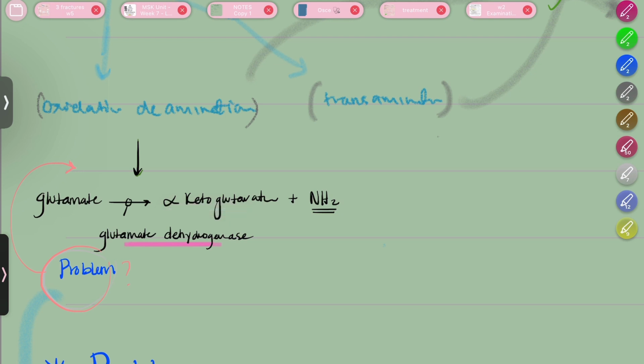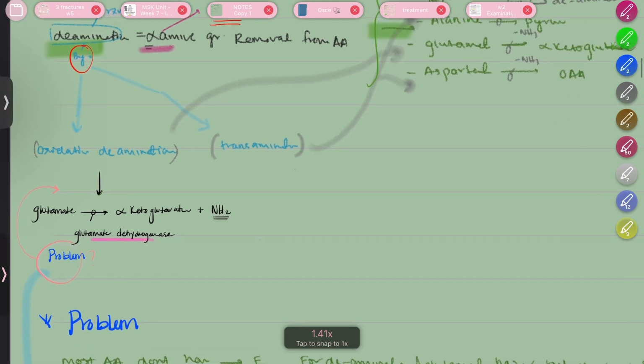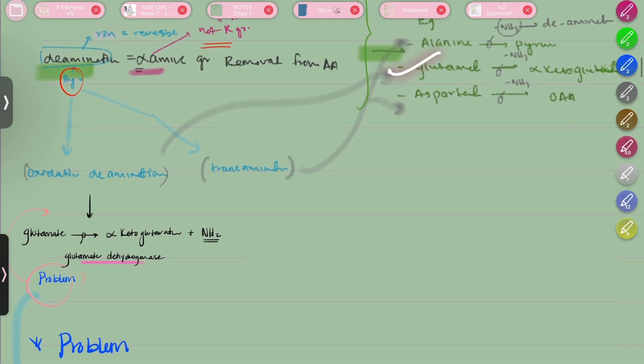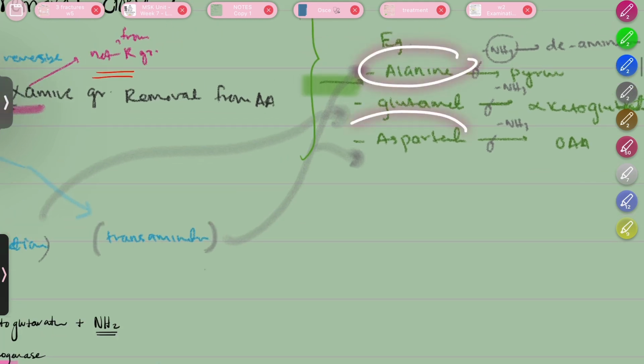Once we deaminate glutamate, ammonia will be released, and that presents a big problem. This problem will be solved by the urea cycle, but that's not our topic for now. We'll go back to this problem. So now we're done with glutamate, and we're left with alanine and aspartate.